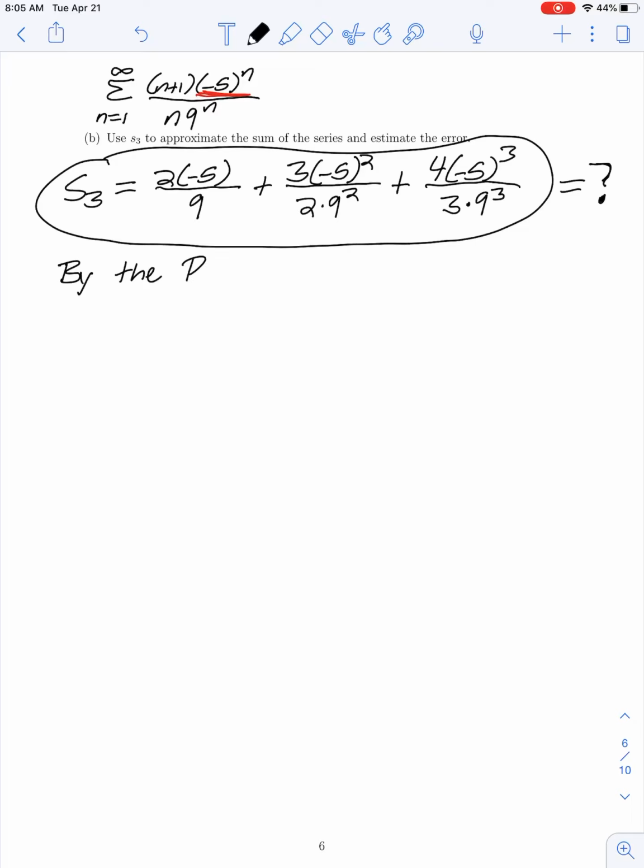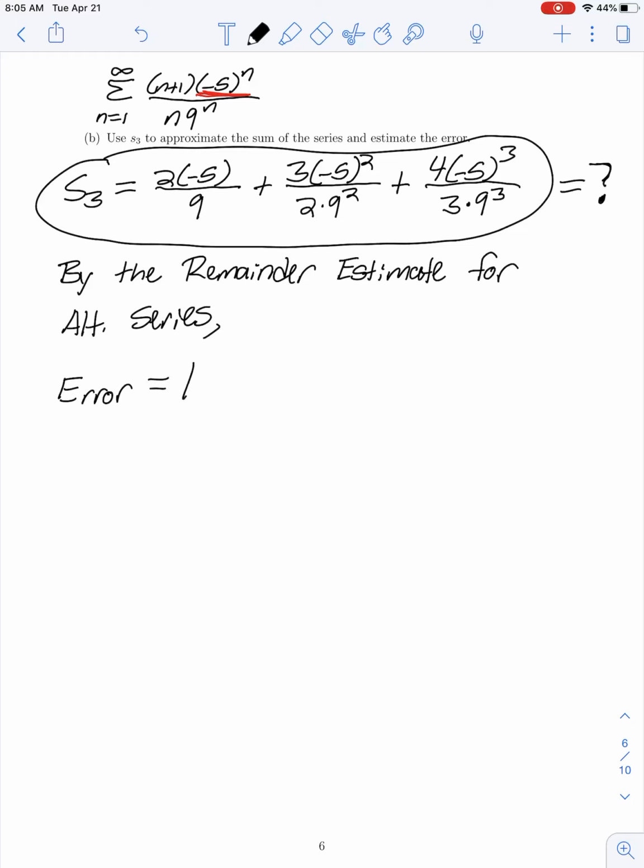By the remainder estimate for alternating series, the error in the nth partial sum approximation, which would be the absolute value of R3 here, since we were using S3, the third partial sum, to approximate the sum, is bounded above by A4.